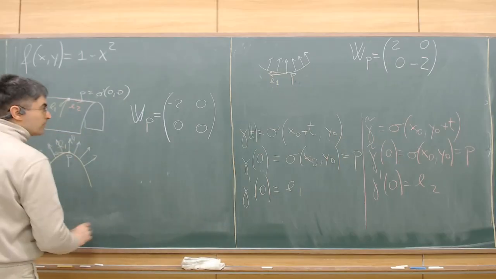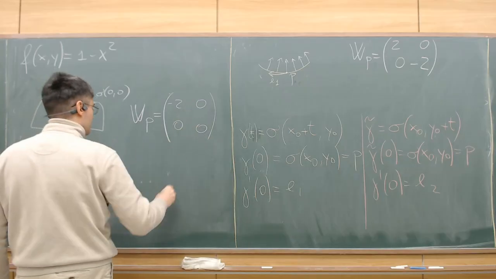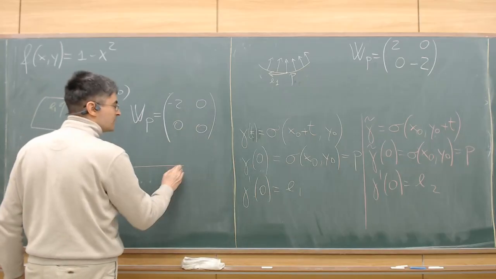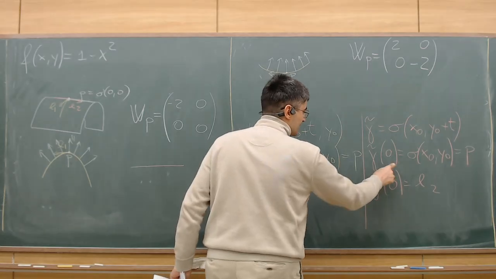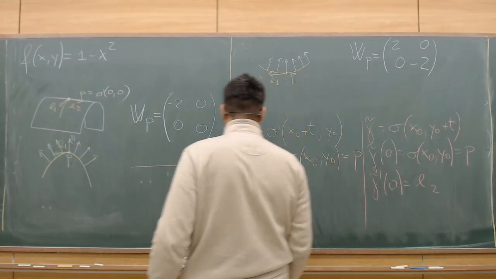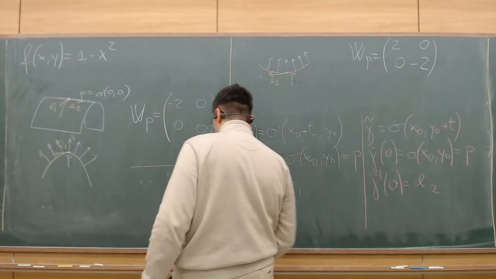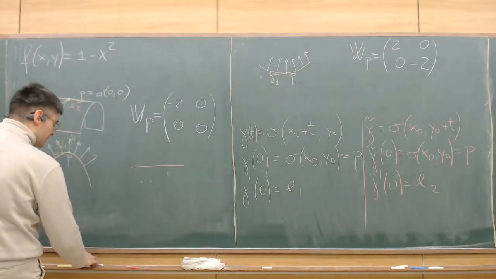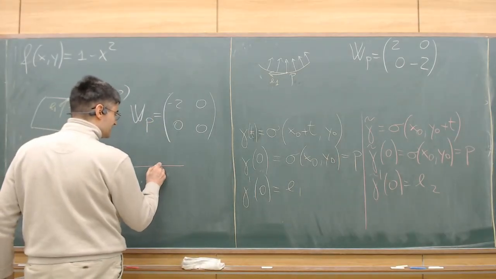Instead, the reason why there are two zeros here is that the curve gamma tilde, I forgot a tilde here, excuse me, is just a straight line.